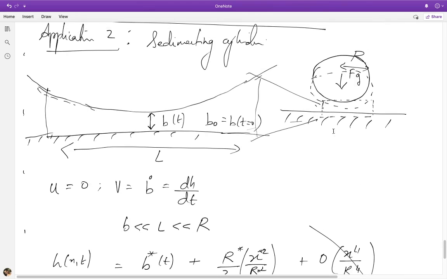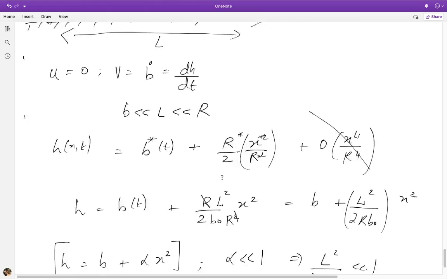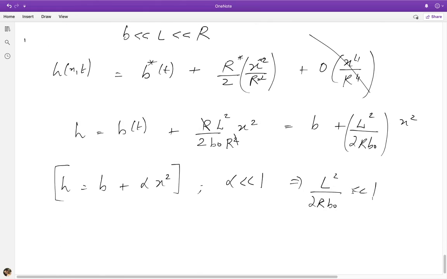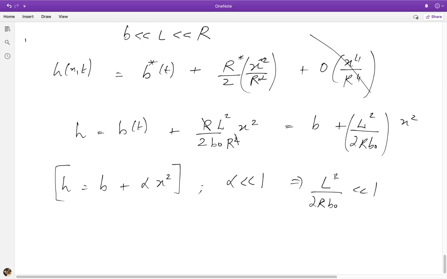So I should choose L, the length of my thin gap zone, such that this factor is small. If L is made too large, such that this factor starts becoming order 1, it means I have already entered into the outer region, because then the variation of h along x is not going to be of long wavelength relative to b naught.